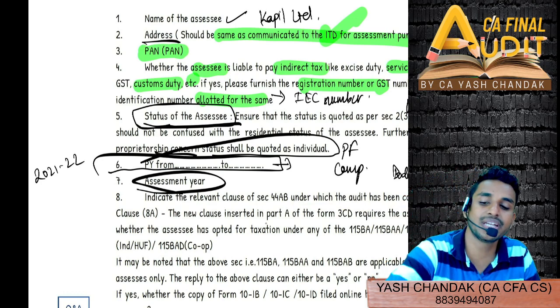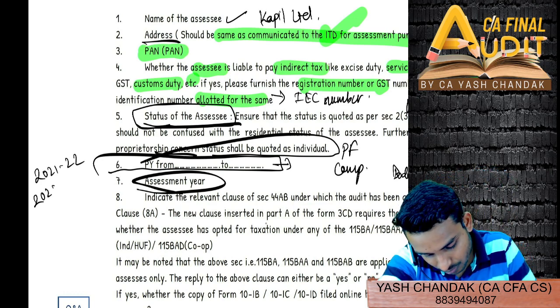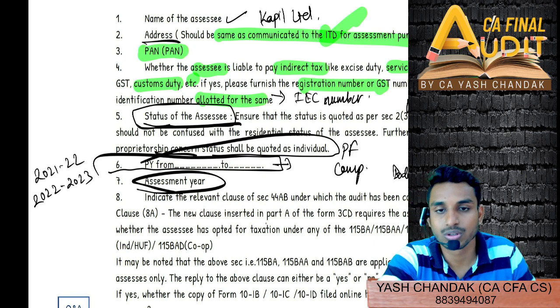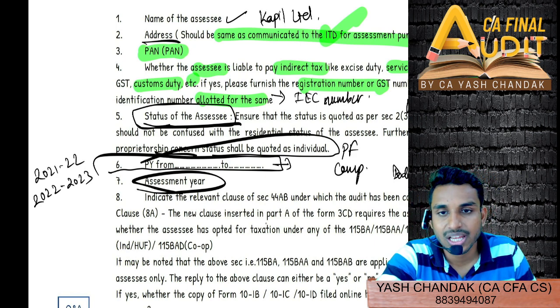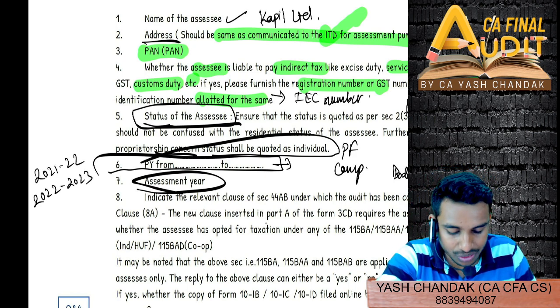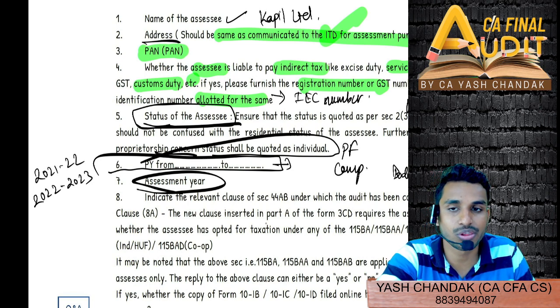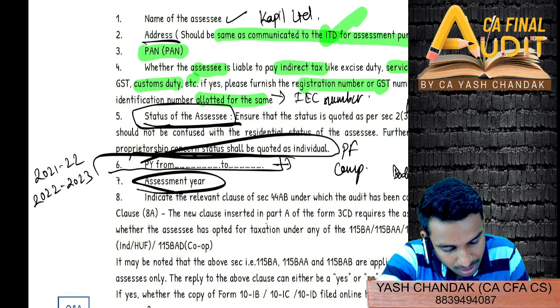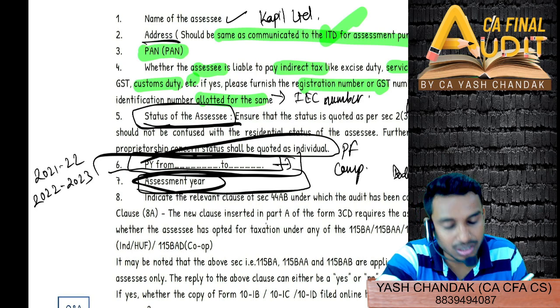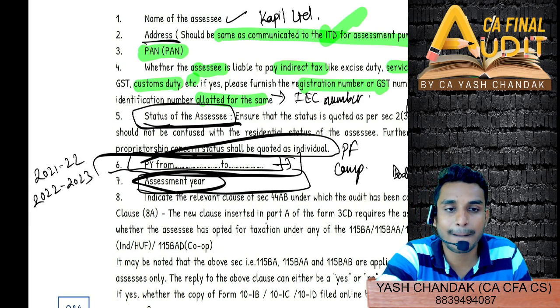So what will be my assessment year? 22-23, right? But in a few cases, previous year could be the same as assessment year also. So that is why you have to specifically mention previous year as well as assessment year. Do you remember those cases? First year of incorporation. No, no.